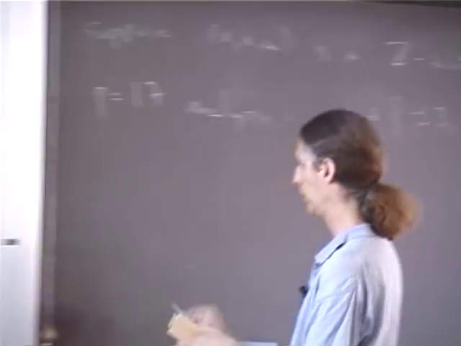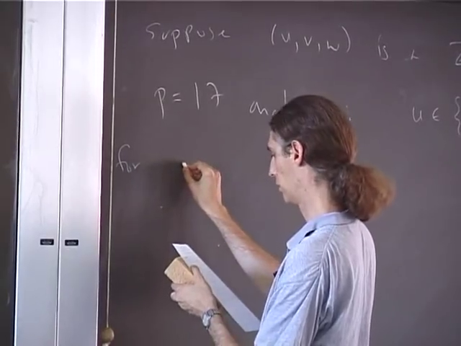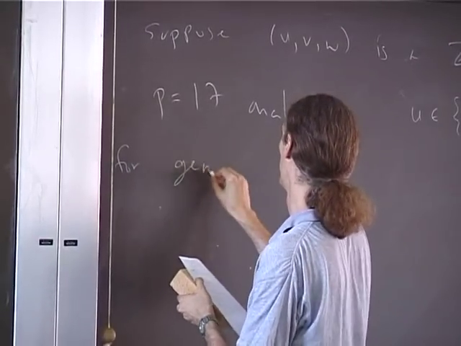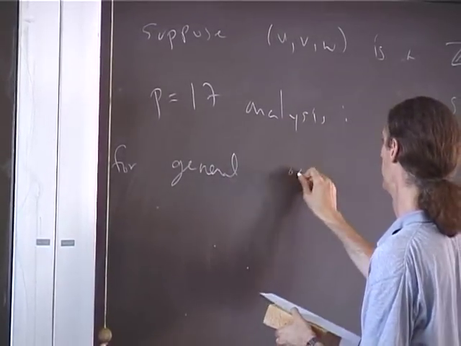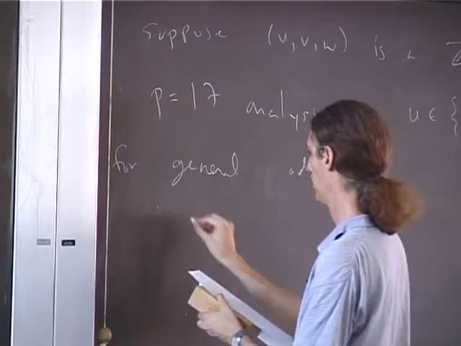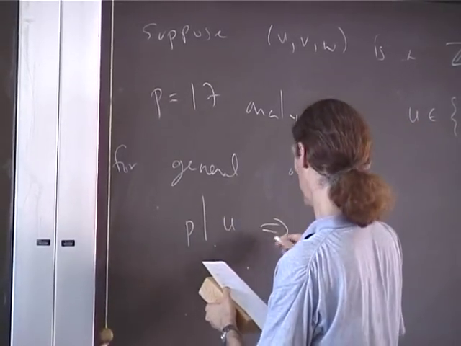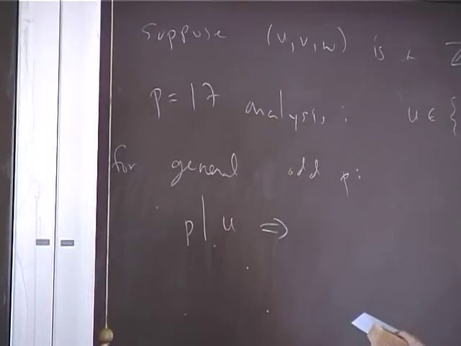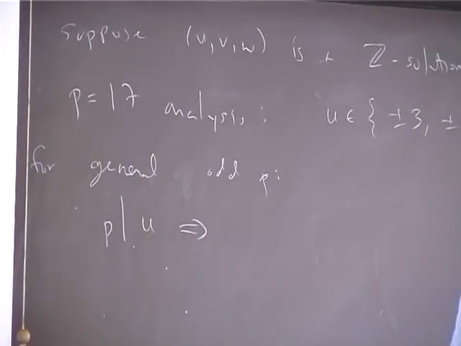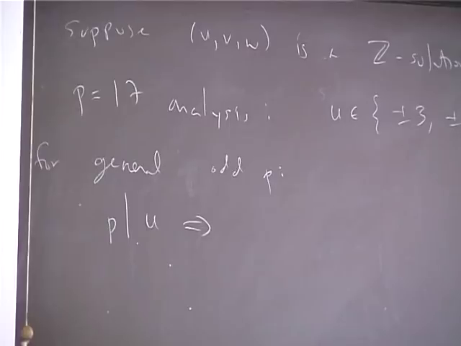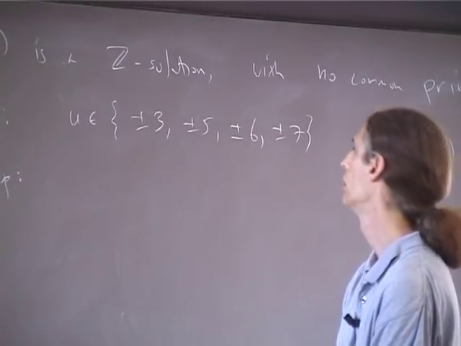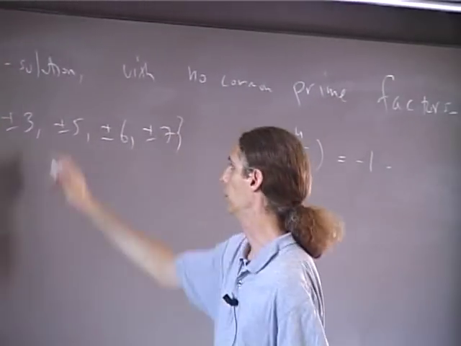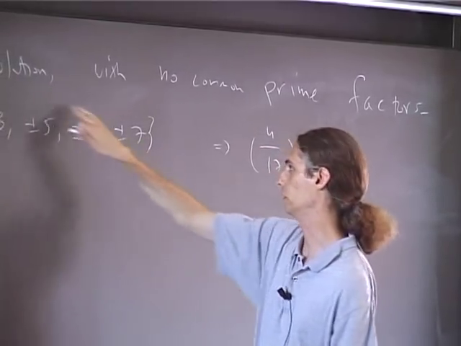Okay, now for general p, let's say odd p. If u is divisible by some odd prime, well, okay, 0 is not allowed.